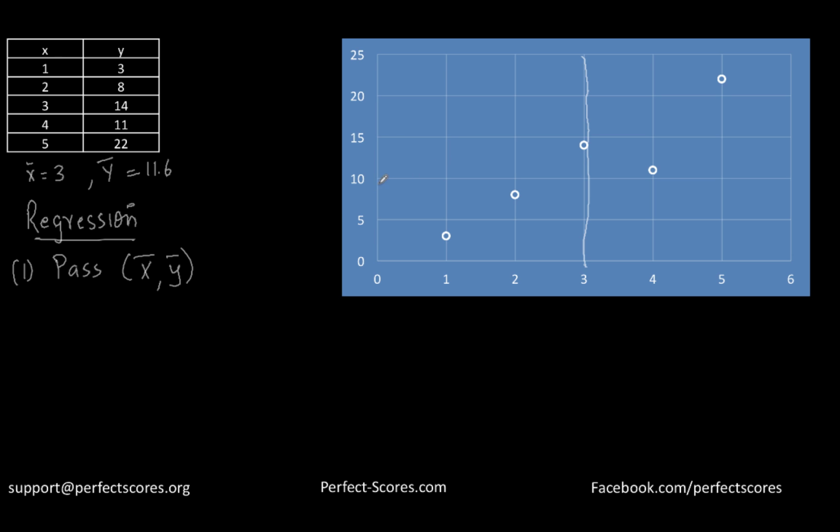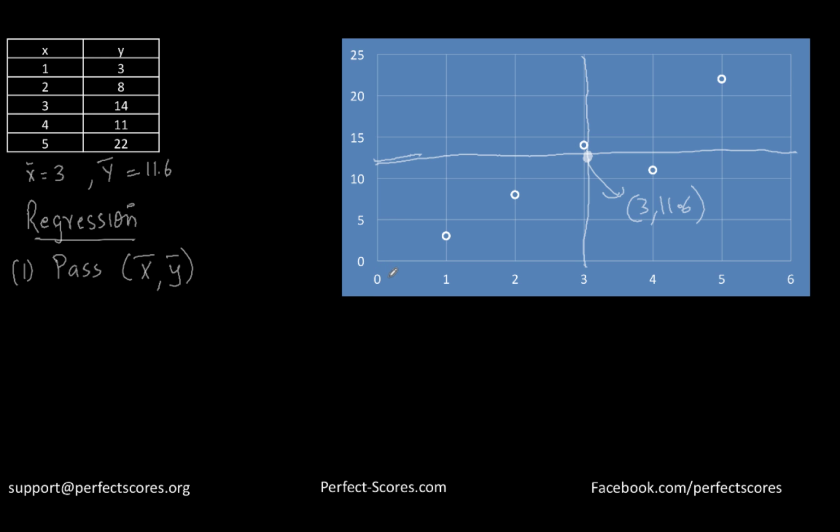What is y bar? 11.6. So let's say 11.6 is somewhere right here. That means our regression line is definitely going to pass through this point, which is x bar, that is 3, and y bar, which is 11.6. So our line definitely passes through this point.